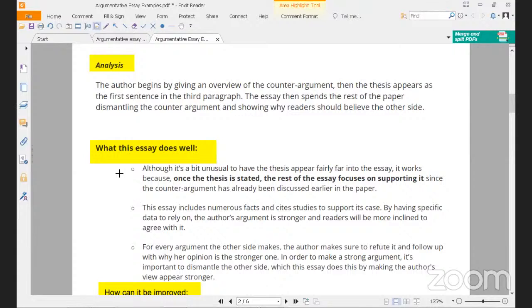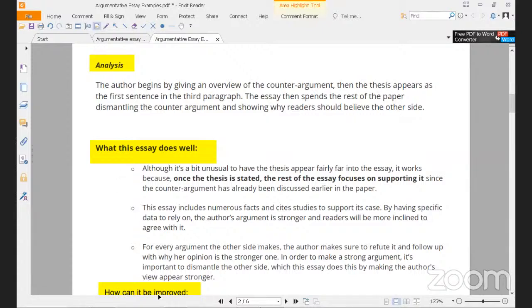I think that they inform about the situation very well, because the essay has a lot of facts, a lot of information, a lot of numbers, percentages. They are trying to say this is happening, and these are the proofs. I think this is the most important thing that they do well.